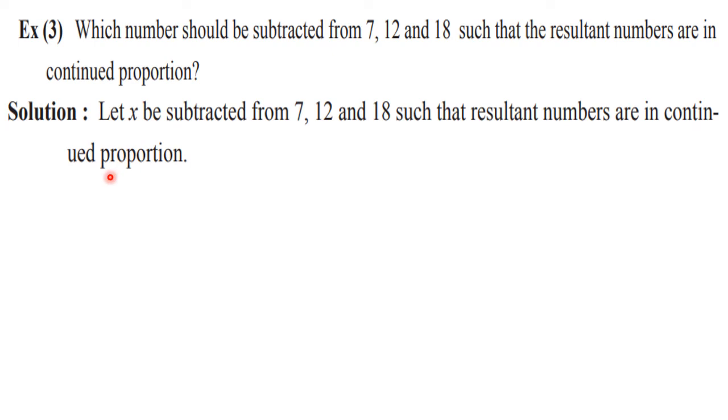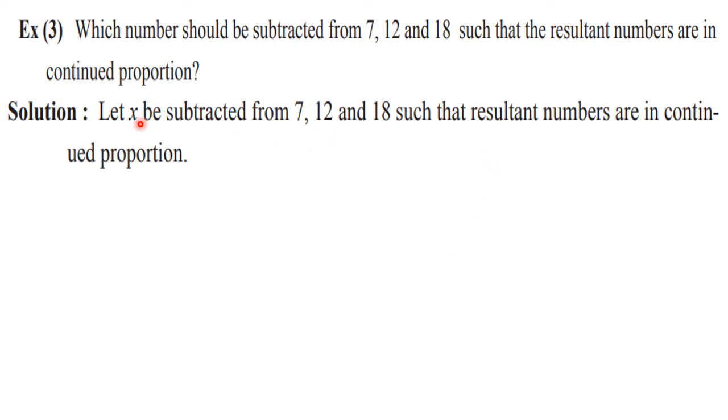So what we will write is, let x be subtracted from 7, 12 and 18 such that the resultant numbers are in continued proportion. As I have told you so many times, always write down the first statement from the question as it is. Now in place of the number you write down x, and the remaining statement is as it is.